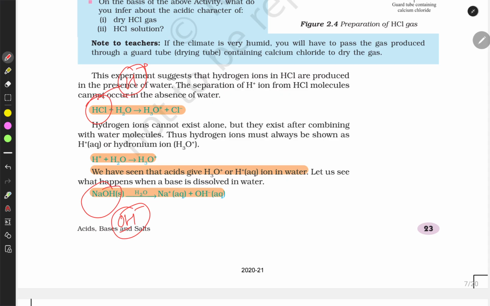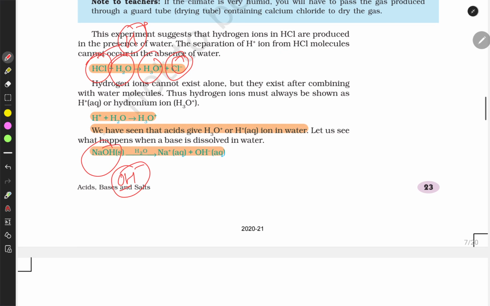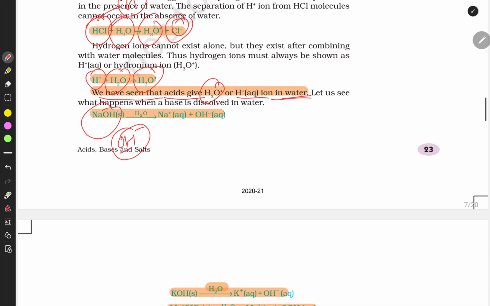So when the acid reacts with water, what happens? It forms H3O plus and Cl minus, when the hydrogen ions react with water. We have seen that acid gives H3O plus, a hydrogen ion, in the water, and when the base which contains OH ion is dissolved, it forms the sodium ion and OH ion.